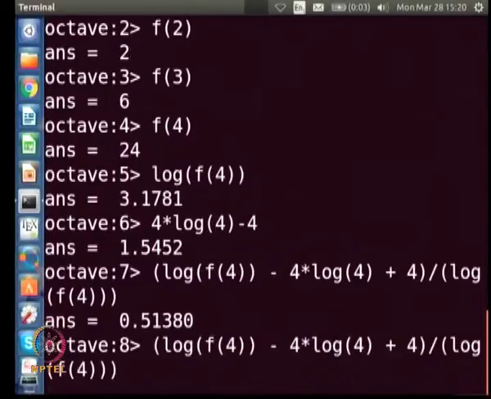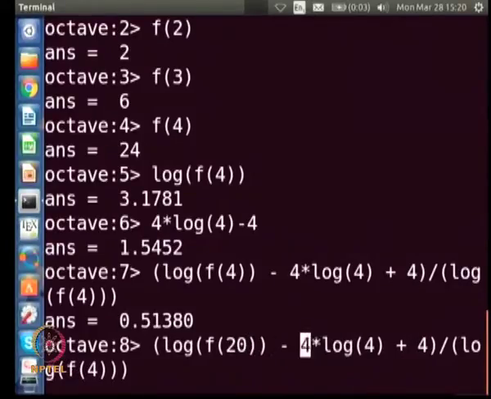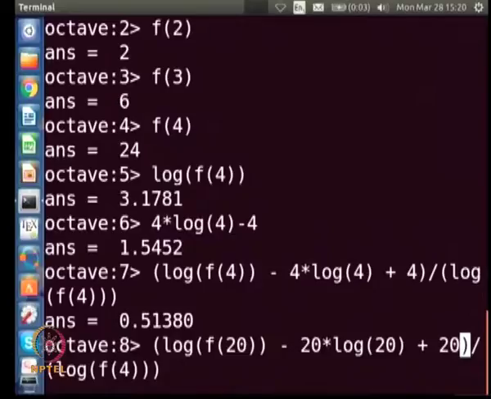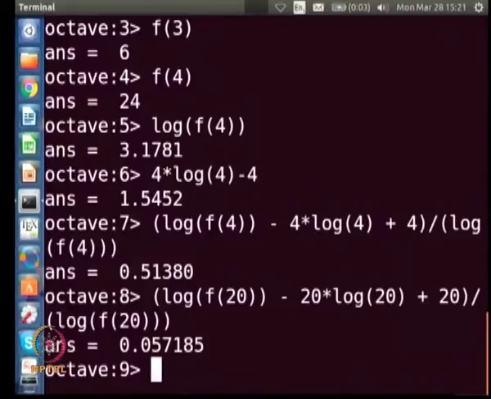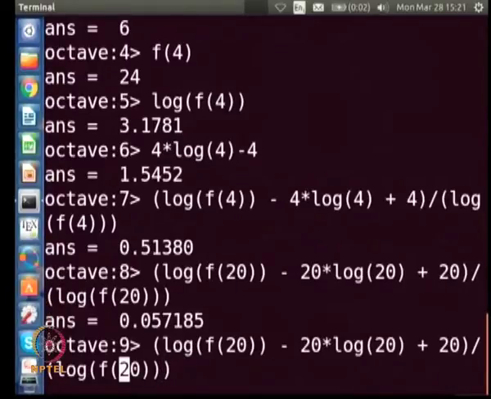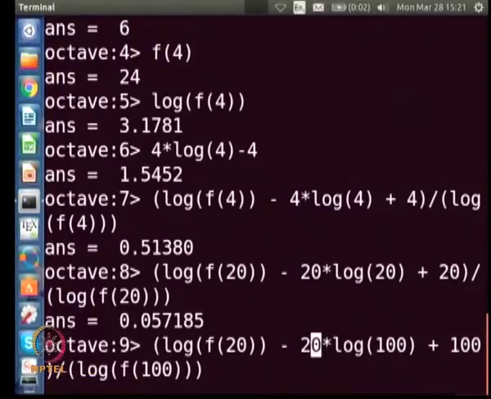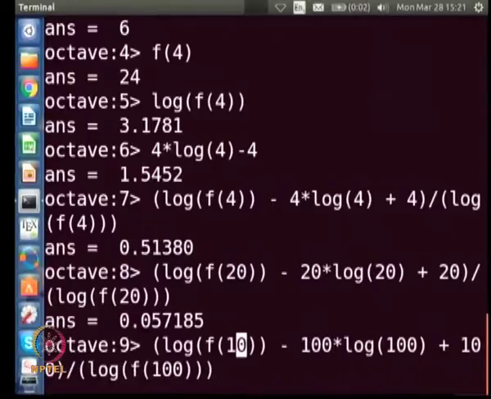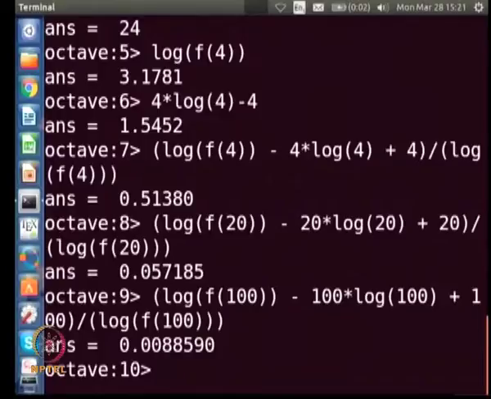Now, let us do it for a number like 20. Let us see how much is the error. The error has dropped from 50 to 5.7%. Suppose I do this for 100. The error has become 0.88%.